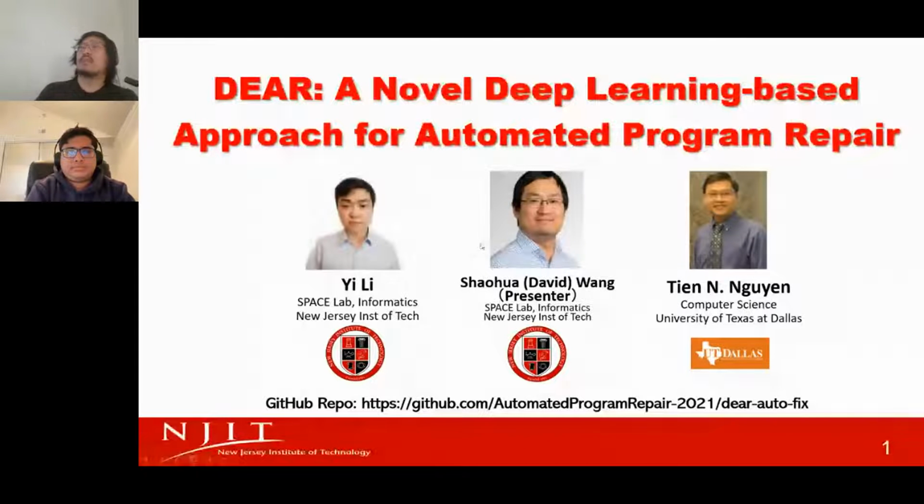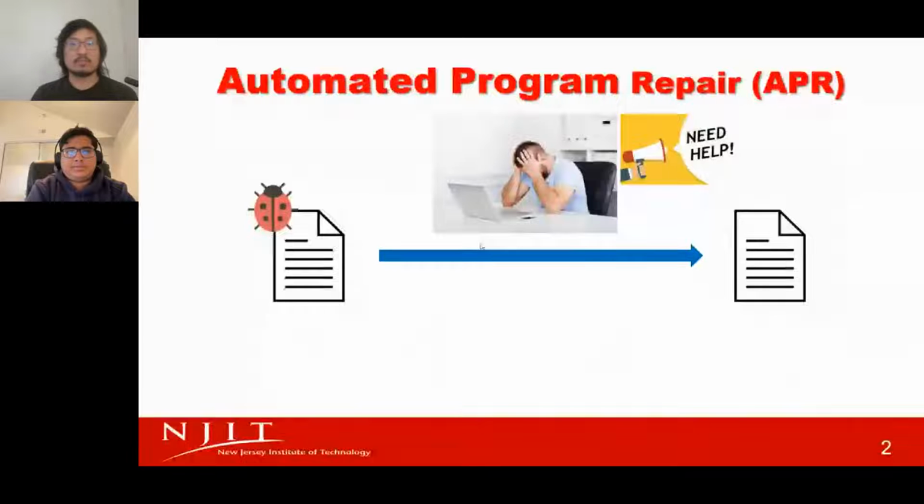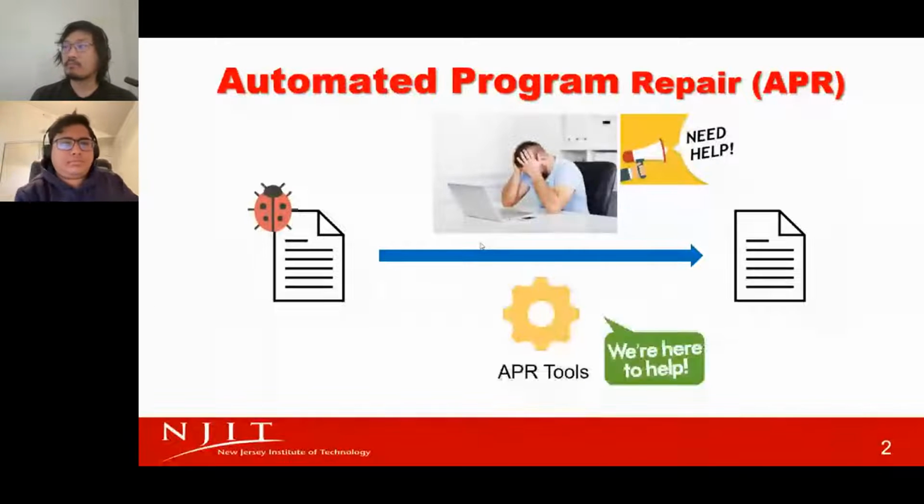Okay, so basically, we all know that developers spend a lot of time fixing software bugs, and therefore they definitely need some help. Researchers from industry and academia have proposed a couple of different automated program repair tools to help developers.